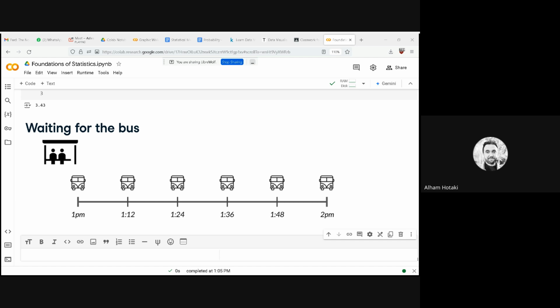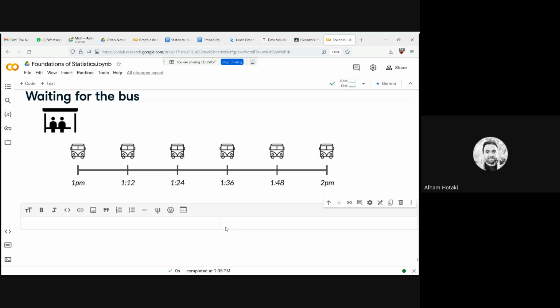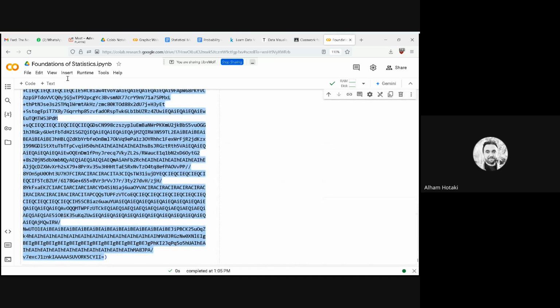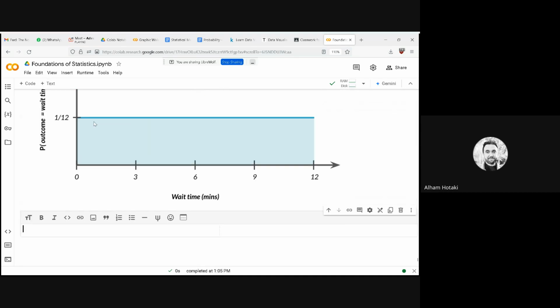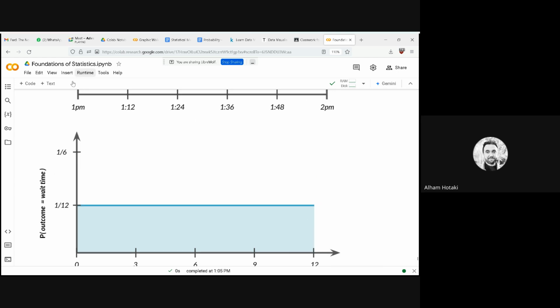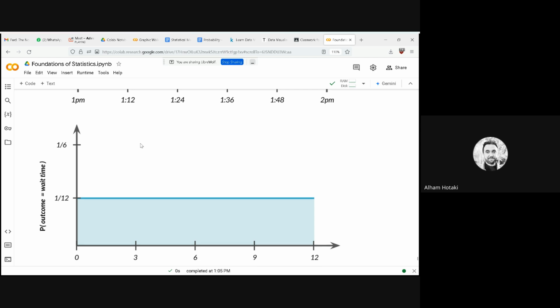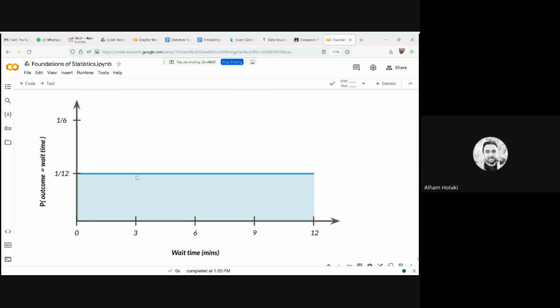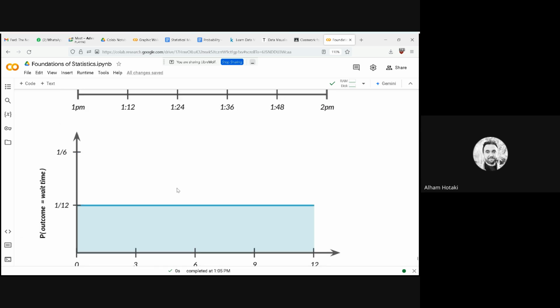So you're waiting for a bus, and the wait time will be 12 minutes here, from 1 p.m. to 1:12, when another bus comes.